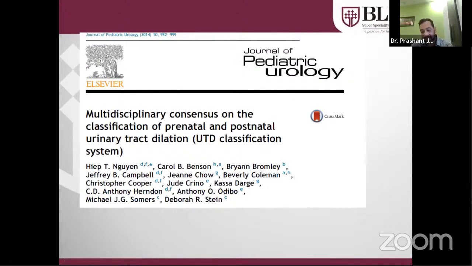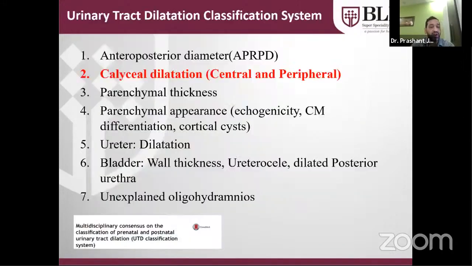And this has really helped us in further classifying the severity of hydronephrosis, not just on the basis of anteroposterior diameters, but also other parameters which you can easily observe on ultrasound scans. So now it is not just on the basis of AP diameter, we also look for the calyceal dilatation.